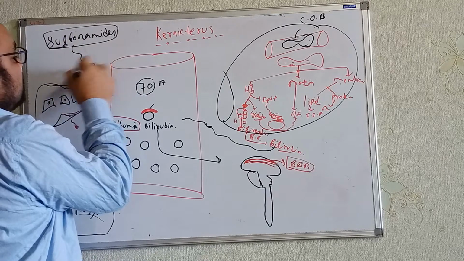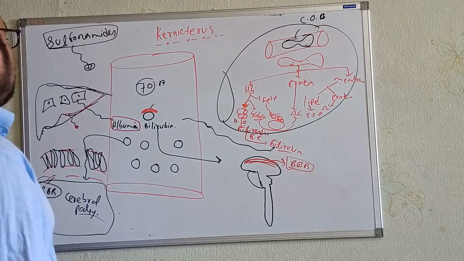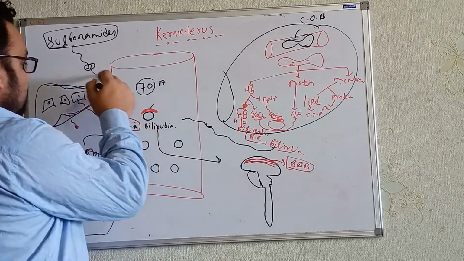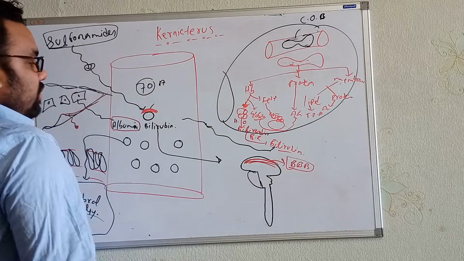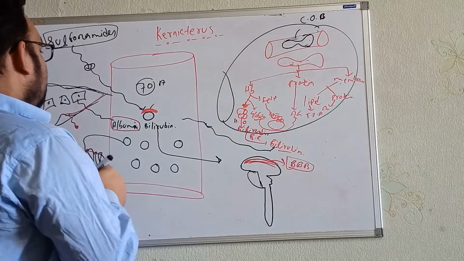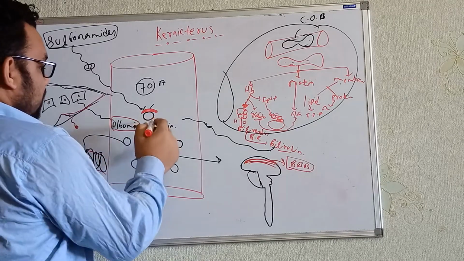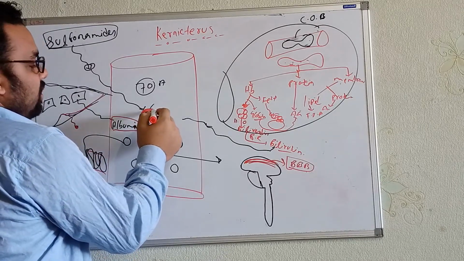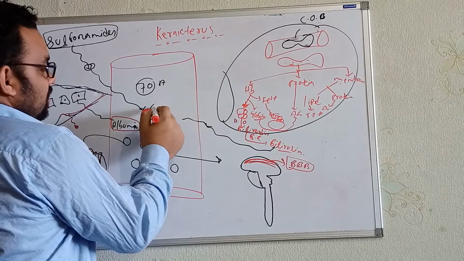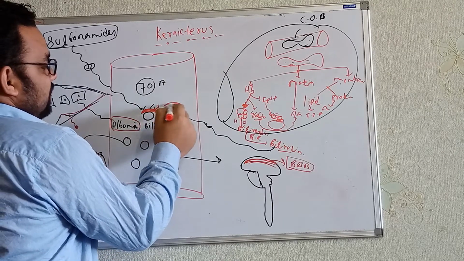Now if you use this drug, then this drug has the capacity to replace this albumin part from the bilirubin. So if you use this drug, then this bilirubin will be free. That means they will replace this albumin part. This albumin will be replaced.